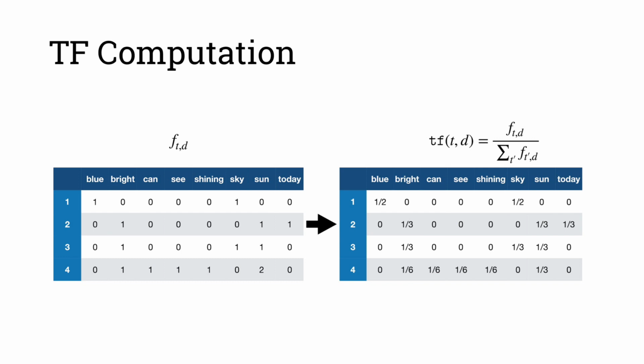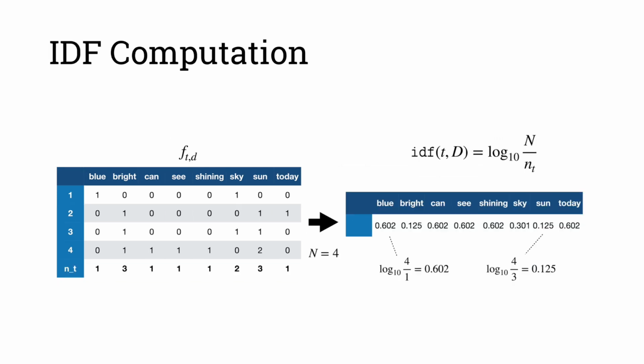Once that is done, we will normalize each of the rows, and hence you can see that the first row is divided by 2, so it's normalized to 1, right? So this is divided by 2. All right. Once we have this table ready, we can move on to the next step.